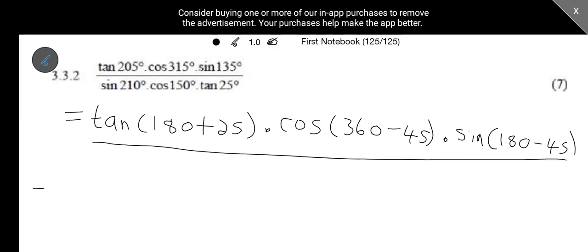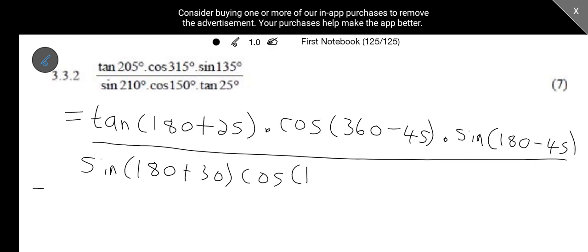Then I have sine 210. 210 lies in which quadrant? In the third quadrant, and I'm going to have the sine of 180 degrees plus 30, because it's in the third quadrant. It's 210, and we say 180 plus. How much do you have to add to 180 to get 210? We have to add 30, and then we've got the cosine of 150 degrees, which lies in the second quadrant as well.